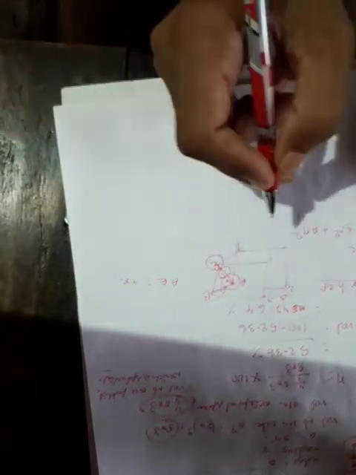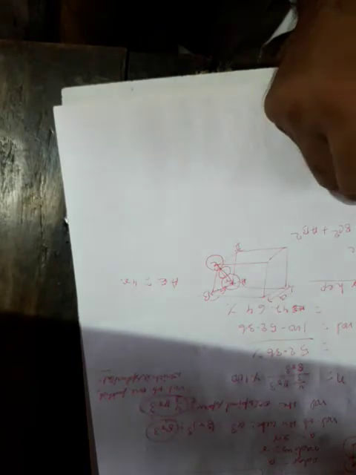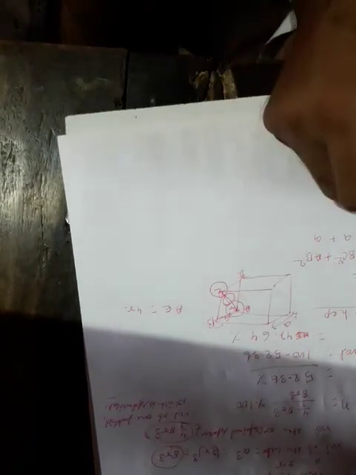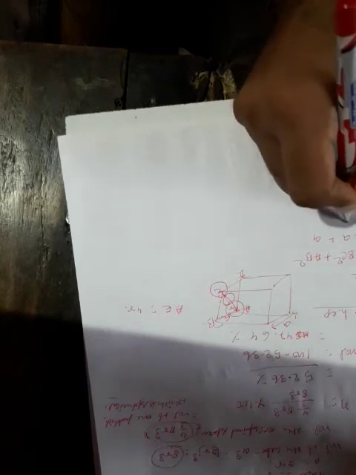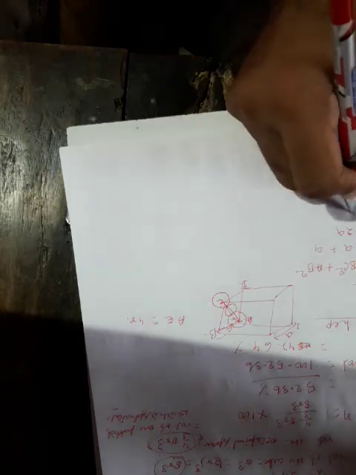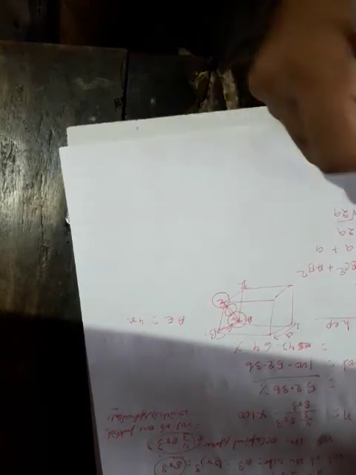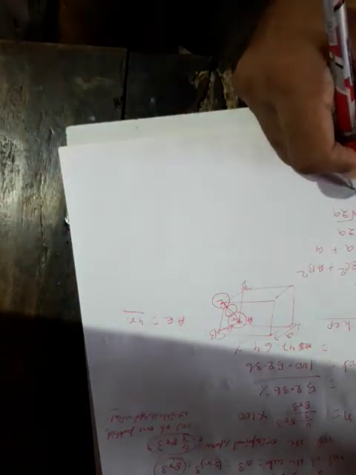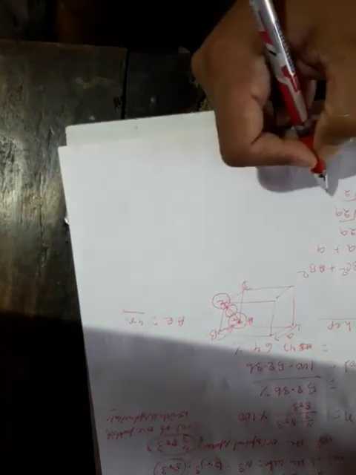AB is equal to a, so AC square will be equal to a square plus a square, that is AC square is equal to 2a square, or AC will be equal to root 2 a. Since AC is equal to 4r, 4r will be equal to root 2 a.